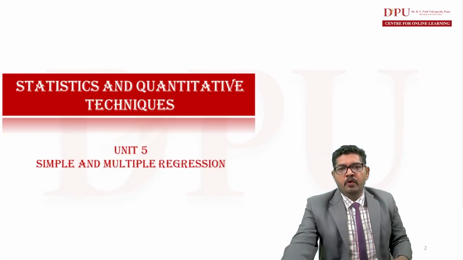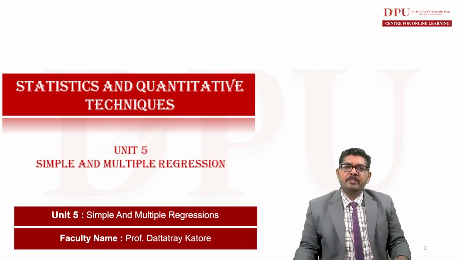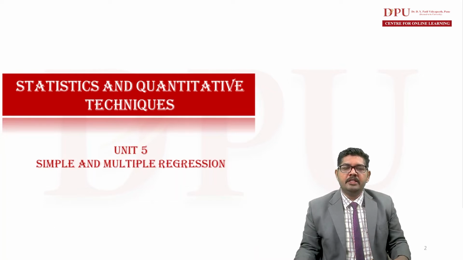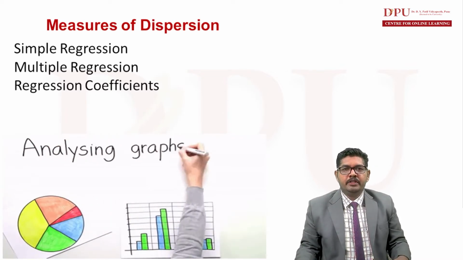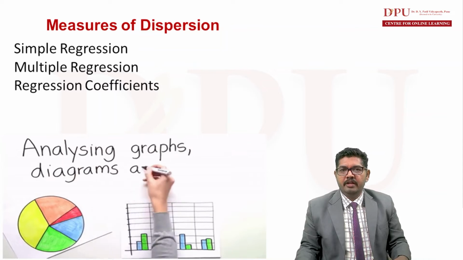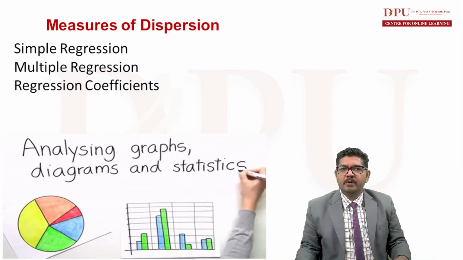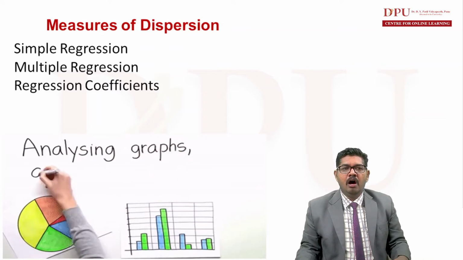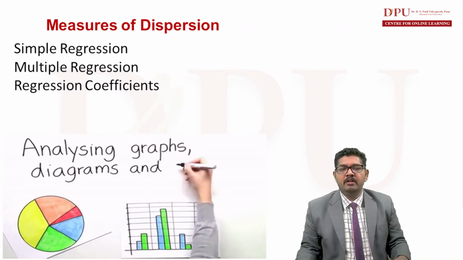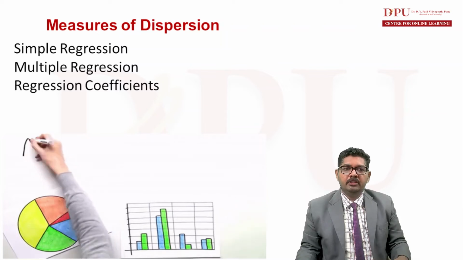In today's video, we are going to discuss simple and multiple regression, which is Unit 5 of your course Statistics and Quantitative Techniques. In this course, we are going to discuss what is regression, what is simple regression, what is multiple regression, and how regression is different from correlation.